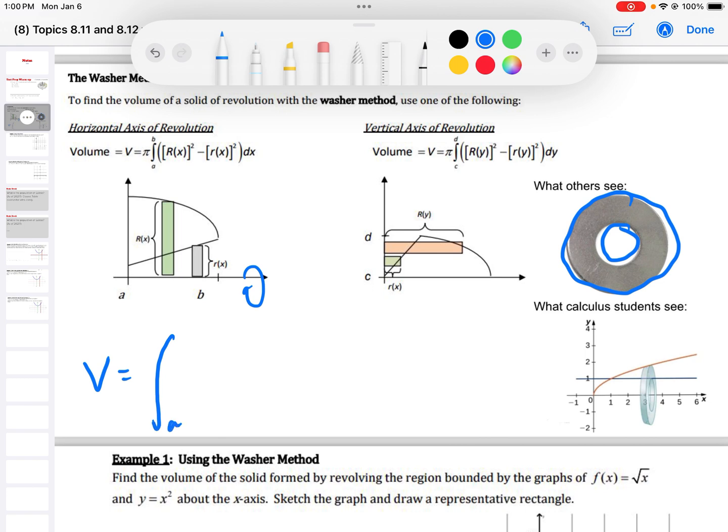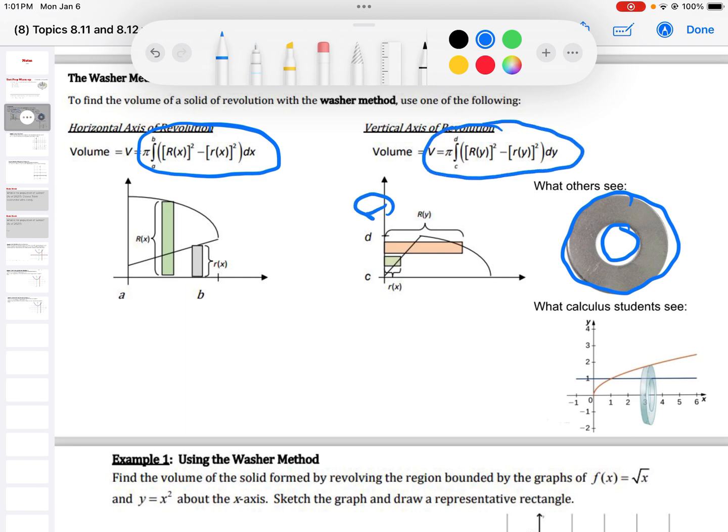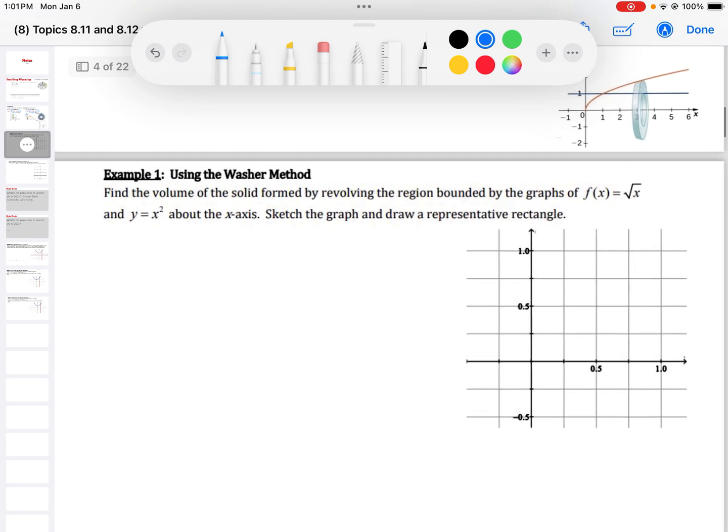So I'm doing the integral from a to b of pi times the bigger radius squared minus the littler radius squared, and we were integrating with respect to x on this one. I take out the pi because both of them have the pi, so I have this little formula. It's the same thing if I'm rotating around the vertical axis, but this time it'll be in terms of y. So let's just do an example. I think it's the easiest way to see this.